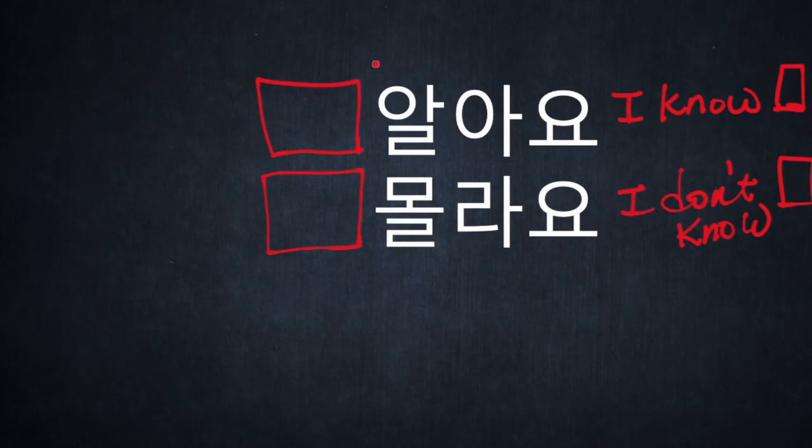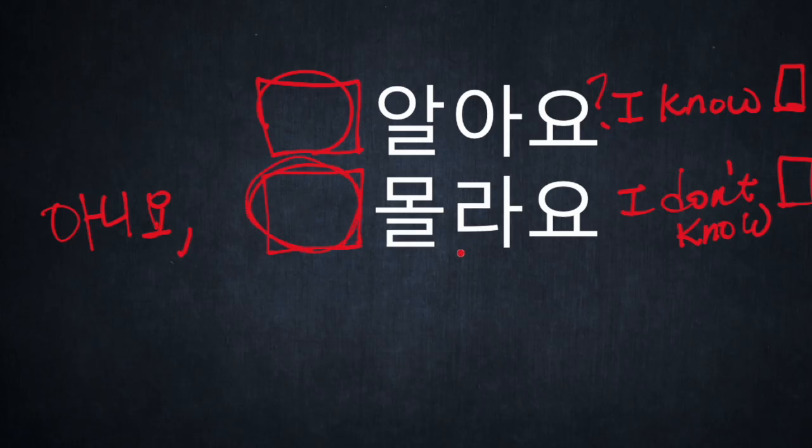한국말, that means Korean language. 한국말 알아요? If you know, you say 네, 한국말 알아요. If you don't know, you say 아니요, no. 아니요, 한국말 몰라요. How about you could ask Mr. Kim as an object. Do you know Mr. Kim? Mr. Kim 알아요?